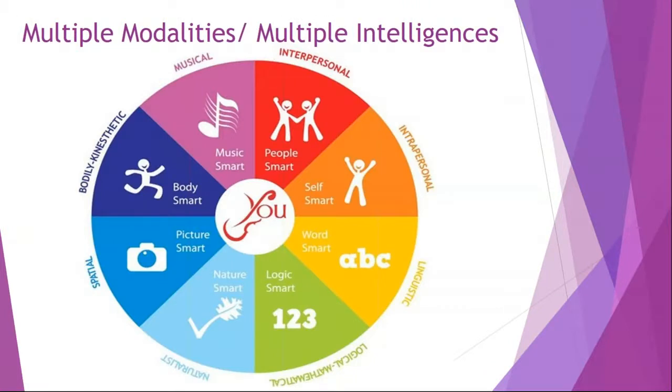And finally, we have Howard Gardner's work on multiple intelligences, which asserts that there are actually 8 modalities or intelligences, including interpersonal, or being smart about other people, intrapersonal, or being self-aware, linguistic, which includes both reading and writing, or being word smart, logical, mathematical, which of course includes using your logic and having smarts in math, the nature smart or naturalistic smart, as well as spatial, which includes using pictures to learn, a bodily kinesthetic intelligence or modality, which includes moving your body and that tactile sense as well.